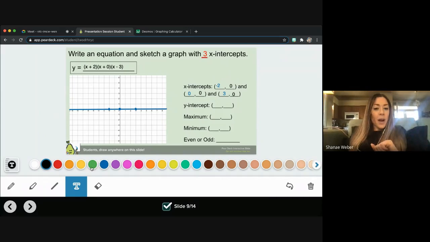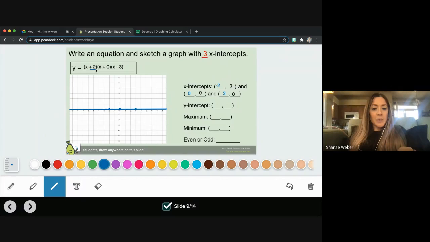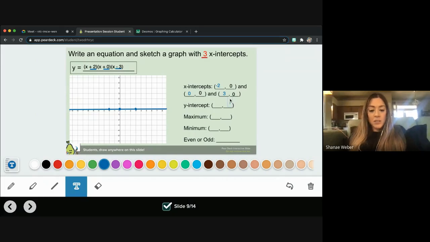Now for my y-intercept, again, I'm going to go through and multiply all these numbers together. So I have 2 times 0 times -3. 2 times 0 is 0, and 0 times -3 is also 0.